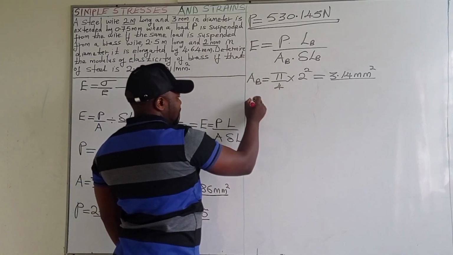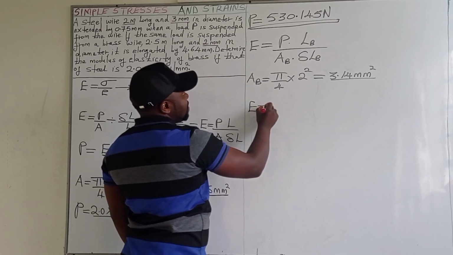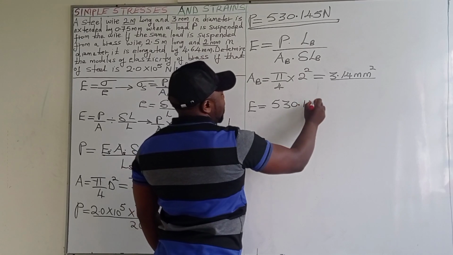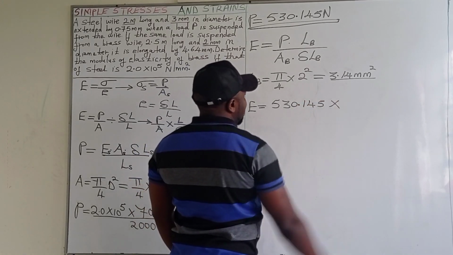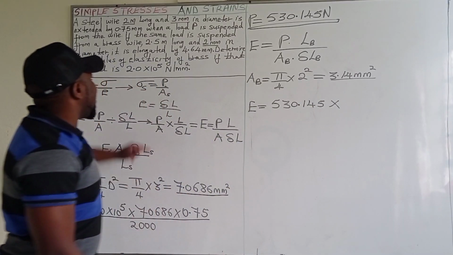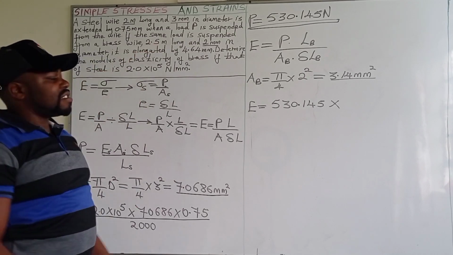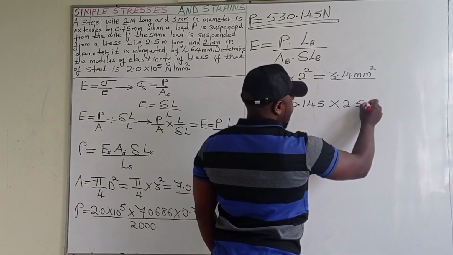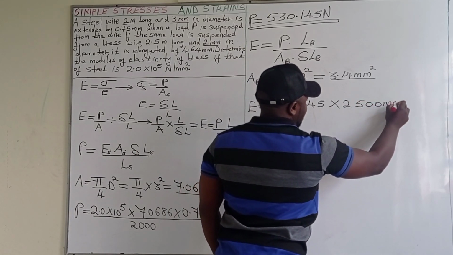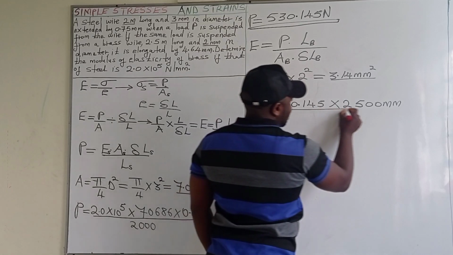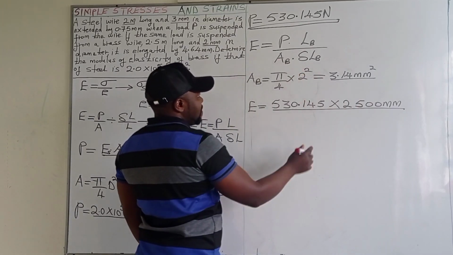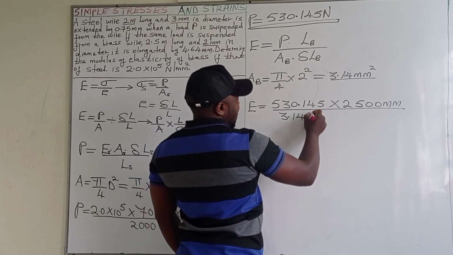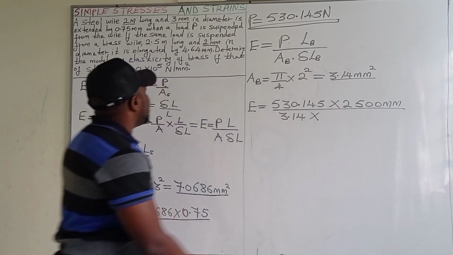Now, applying the formula, the Young's modulus will be given by a load of 530.145 newtons multiplied by the length of the brass wire, which is 2.5 meters, converted to millimeters, 2,500 millimeters. Then we divide this by the cross-sectional area of the brass wire, 3.14 square millimeters, times the change in length of the brass wire.